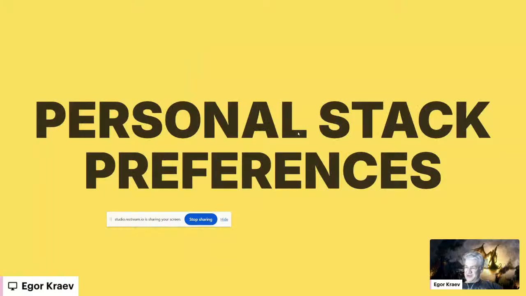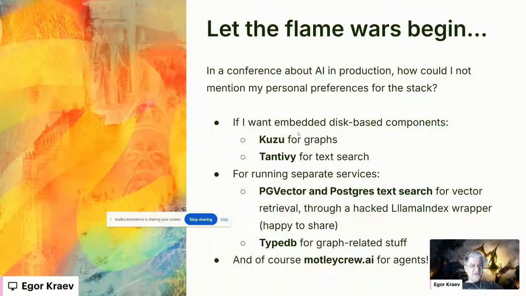Right, and just to put some controversy into it, because the organizers have promised me that the audience is my fellow nerds, and what would a nerd discussion be without some flame wars about the stack you want to use. So these are my personal preferences. I haven't tried everything out there, of course, but for embedded, Kuzu and Tantivy I have played with, and they worked fine.